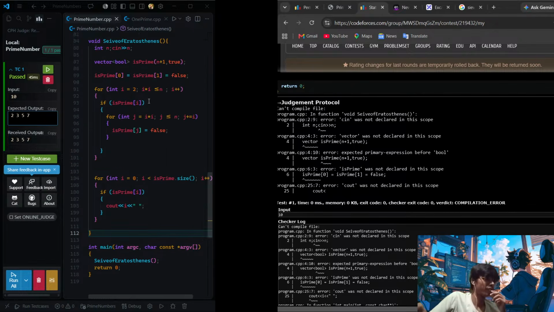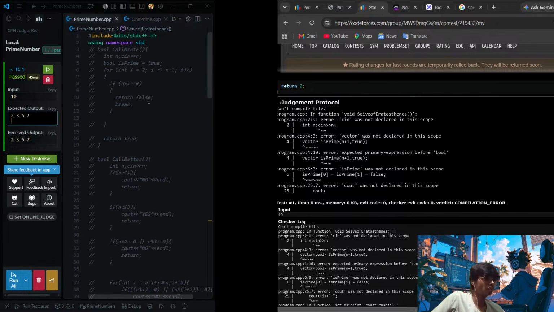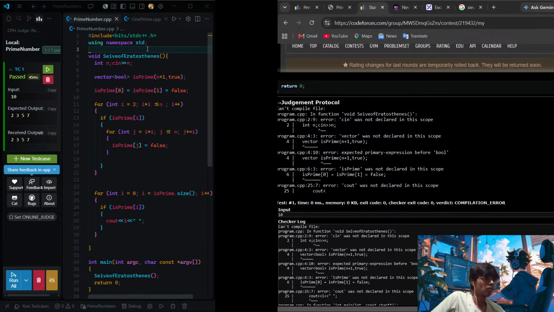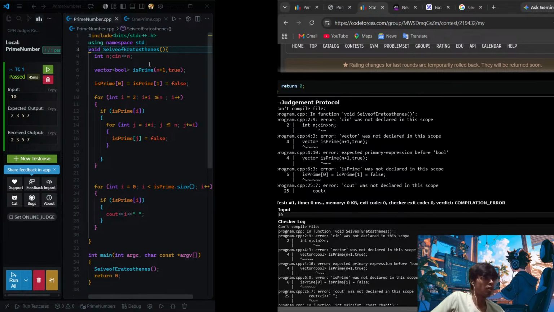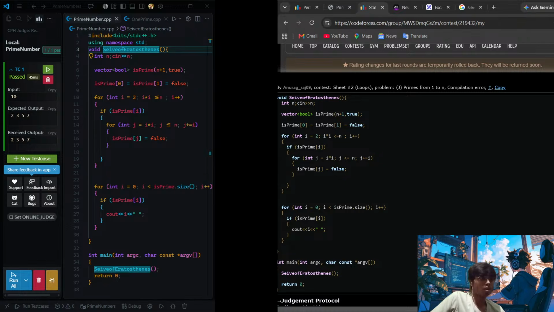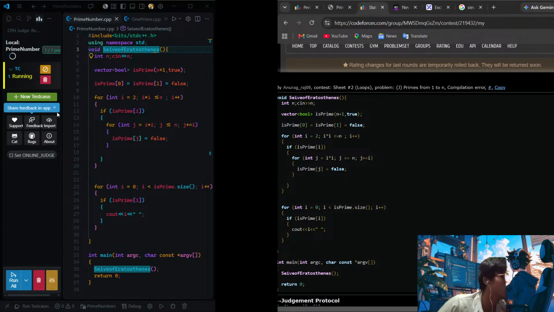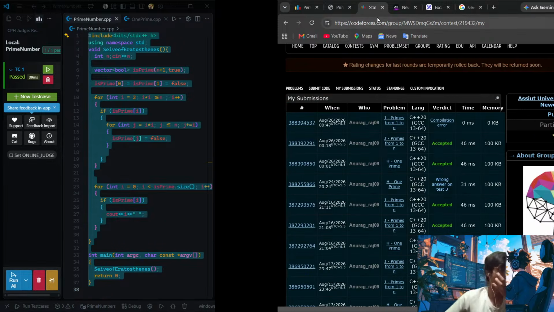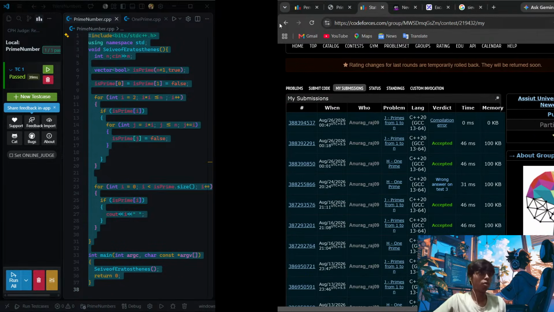If the program has been run, so include bits slash C in N. Let's try to execute it one more time. Yeah, it has been executed. Why has this not been accepted?